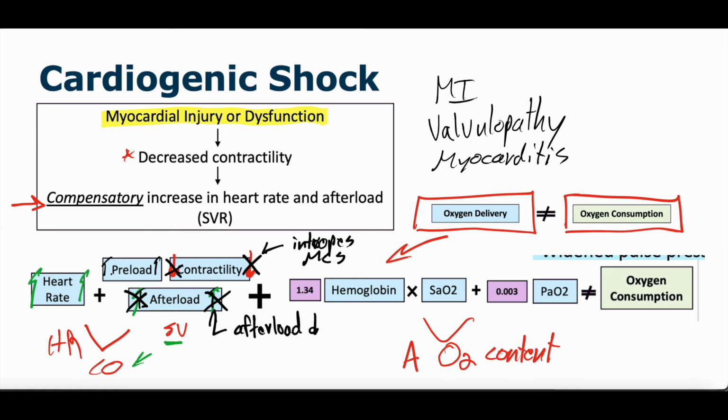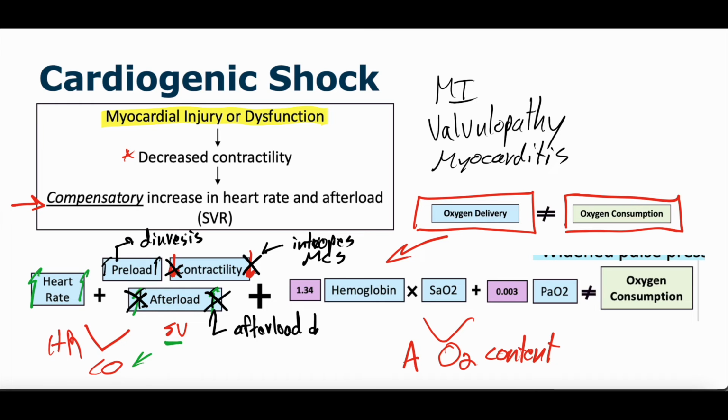And then sometimes we want to decrease the preload because sometimes you get this venous congestion, right? If the heart can't pump well enough, you can't pump all the blood returning to the heart. So you sometimes want to diurese them, right? Try to get them to pee off some of this increased preload.